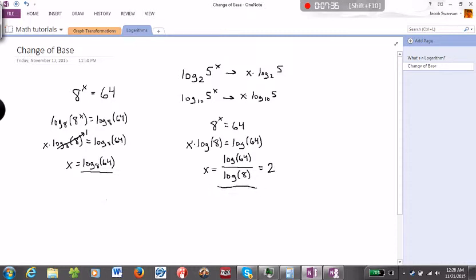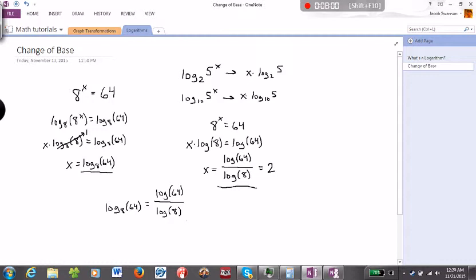We can set both of those equal to each other. And we get the log base 8 of 64 is equal to the log base 10 of 64 divided by the log base 10 of 8.